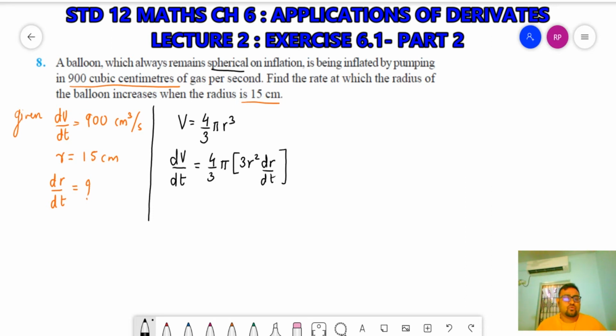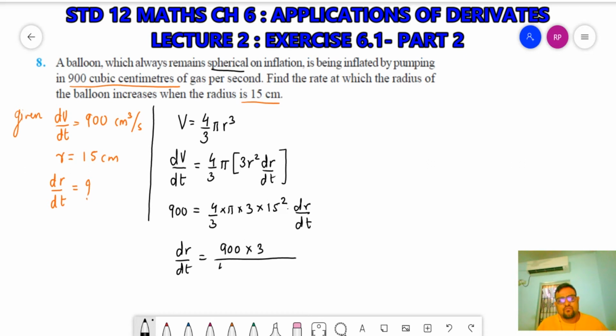Now putting the value, dV by dt, that is 900, equal to 4 by 3 into pi into 3. Now what is r square? Here it is given r is 15, so r square will be equal to 15 square, into dr by dt. So what will be dr by dt? 900 into 3 divided by 4 divided by pi divided by 3, 15 square, 3 will get cancelled.